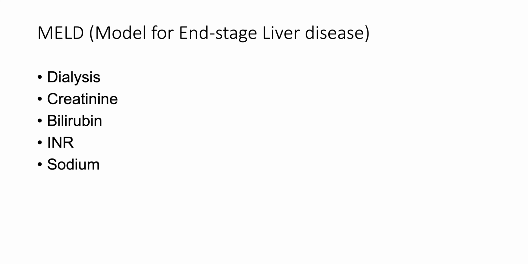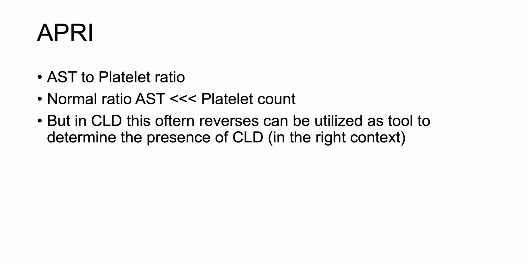So that's 13 and 23, roughly, rough estimates. The other thing is it's also a very useful prognostic tool to determine and explain to the patient what their risk of mortality is in the intermediate future.